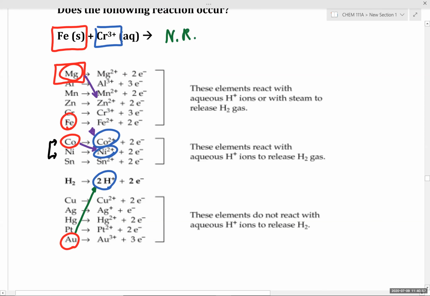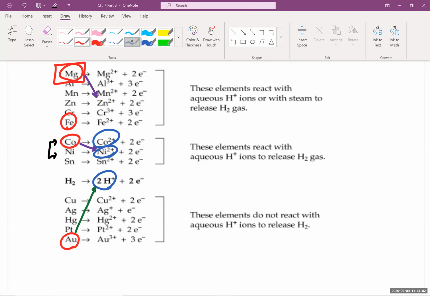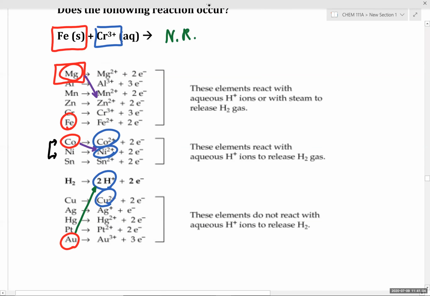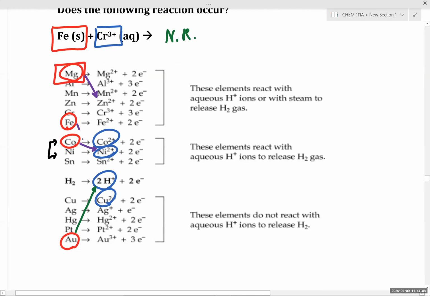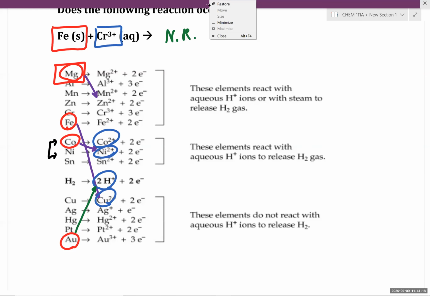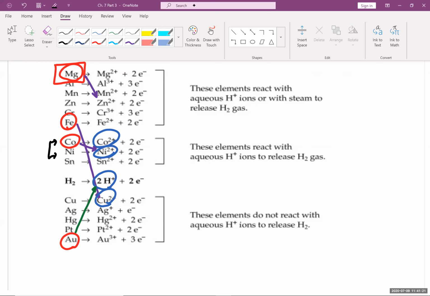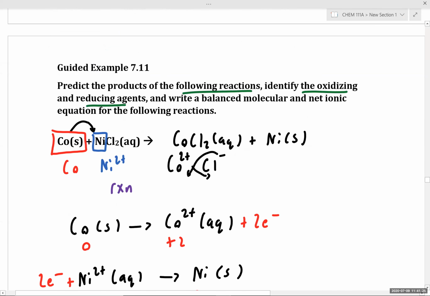I'm going to circle iron, and then I'm going to circle copper. I draw my arrow. The arrow is pointing down. So does a reaction occur between iron and copper? Just looking at this graphical method, yep, a reaction occurs. Perfect.